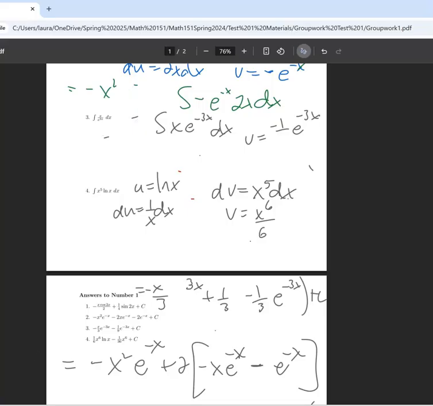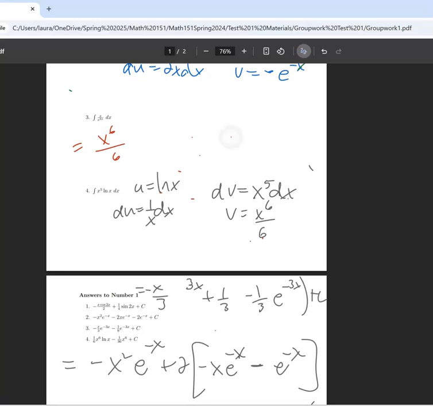So let me take liberties here and just move upwards with this one. So I'm going to do, you got the parts down, uv minus the integral of v du. So you have to have that memorized, right? So I get uv, so x to the 6 over 6 ln of x, minus the integral of v, x to the 6 over 6 du.